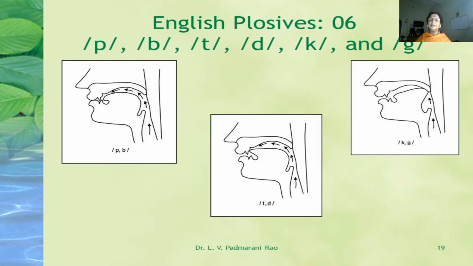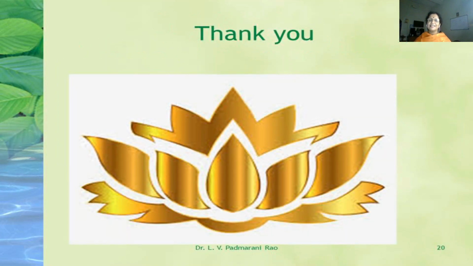B, d, g are voiced sounds. P and b are bilabial, t and d are alveolar, k and g are velar. All six, manner of articulation wise, are plosives. Thus ends the discussion of plosives in English.